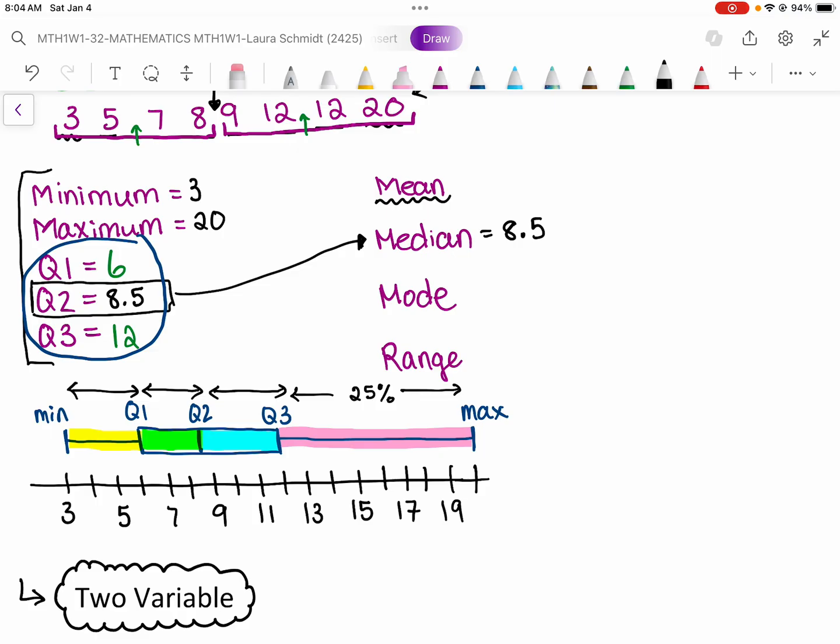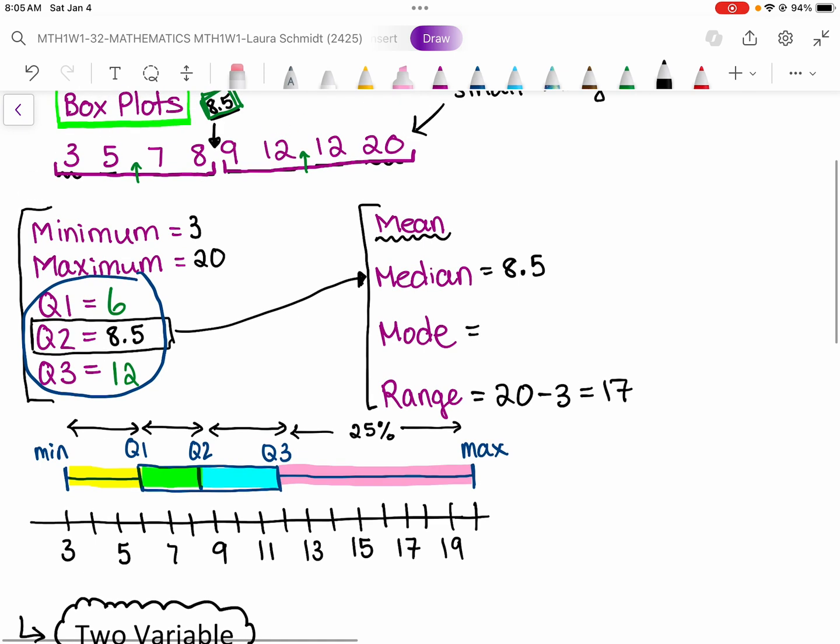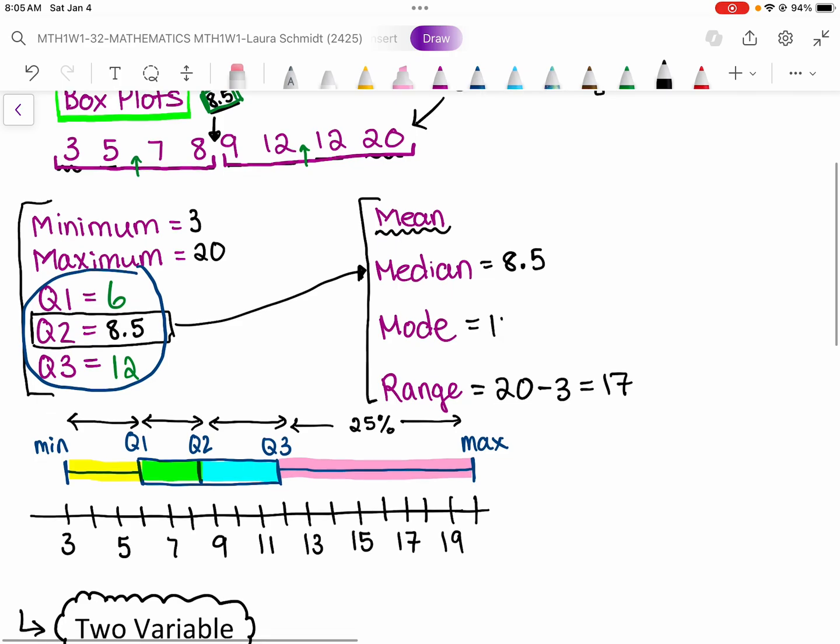Measures of central tendency are these things here. Range is our maximum minus our minimum. So 20 minus 3 would be 17. It's like the span of our data. Mode is the number that occurs the most. So in this case, it's 12. There can be more than one mode, or there could be no mode at all.